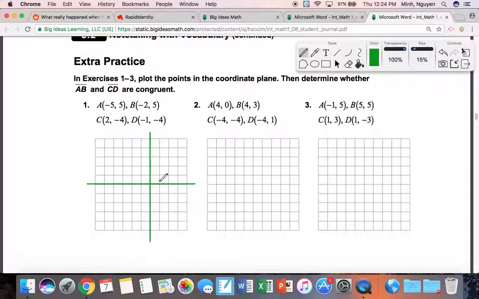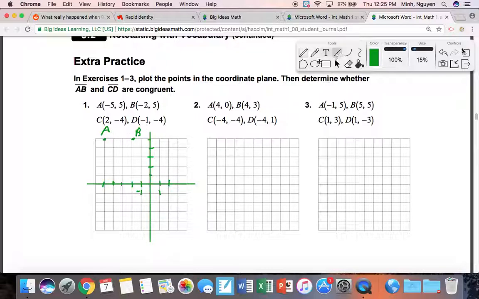So I have +1, 2, then 1, 2, 3, 4, 5, and -1, -2, -3, -4, -5. So this is A, -2, 5. This is B.